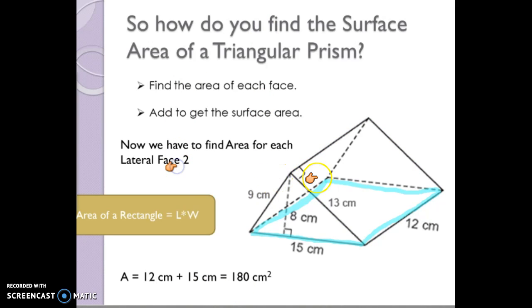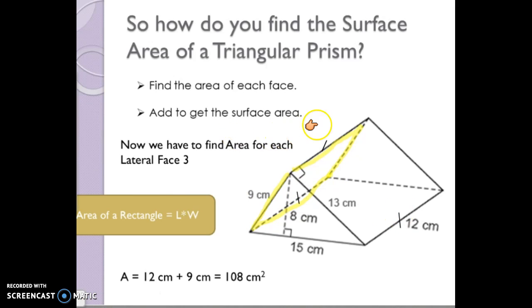The second lateral face will be this bottom one here, highlighted in blue. Those dimensions are 15 by 12. So 12 centimeters by 15 centimeters is 180 centimeters squared. And then we have the one over here on the left, highlighted in yellow. Those dimensions, again, remember each of these lateral faces are all 12.